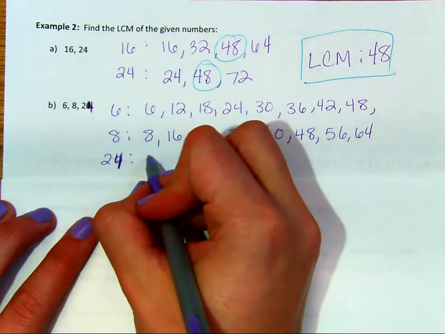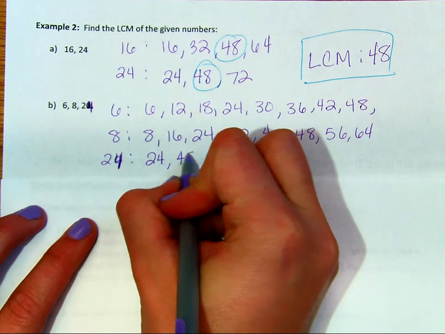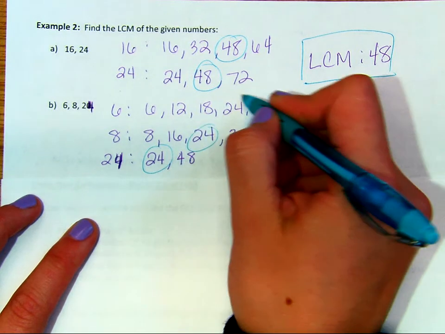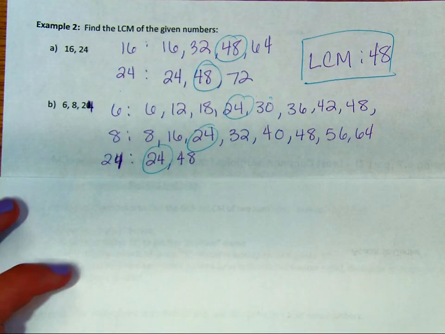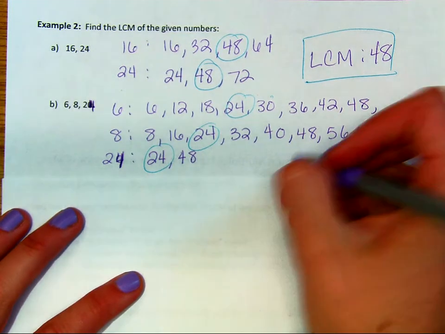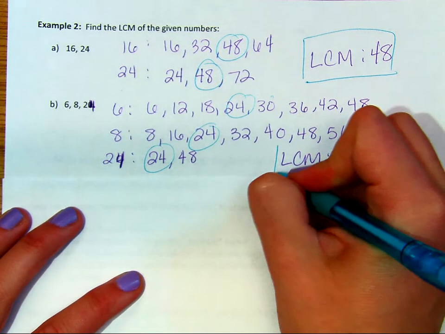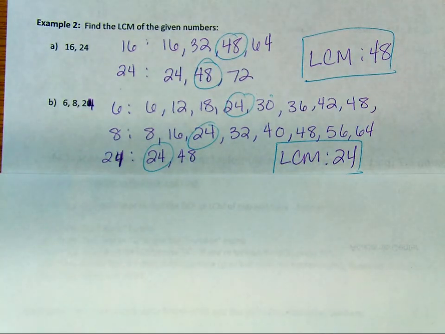If I count by 24s, I get 24, 48. And actually, I can stop because look, all 3 numbers have a multiple of 24. There is an overlap there. So that is my least common multiple, 24. So I want to pick the smallest number that all my lists have in common.